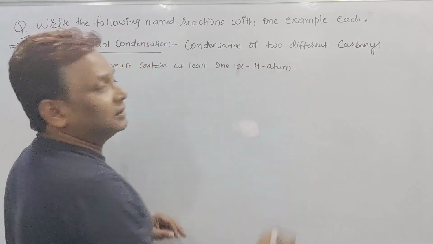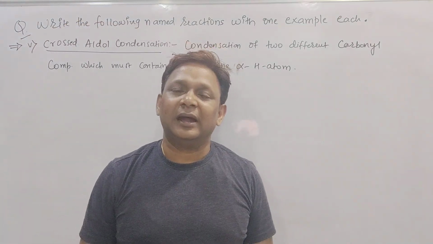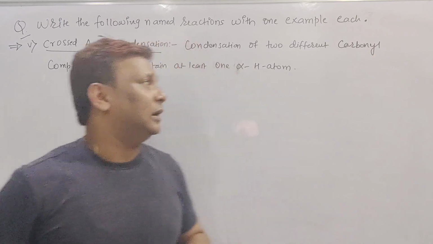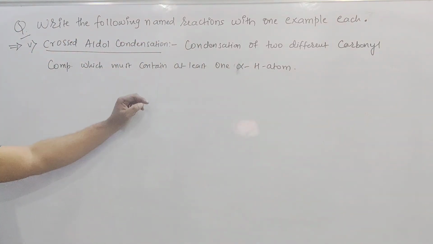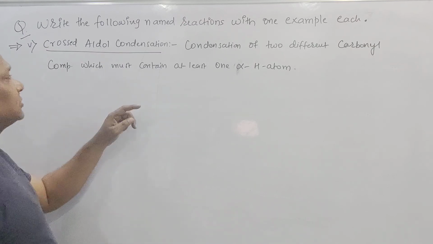Is it clear, beta? We should have two different carbonyl compounds, and both must have at least one alpha hydrogen atom. If they have at least one alpha hydrogen atom, then they undergo condensation.